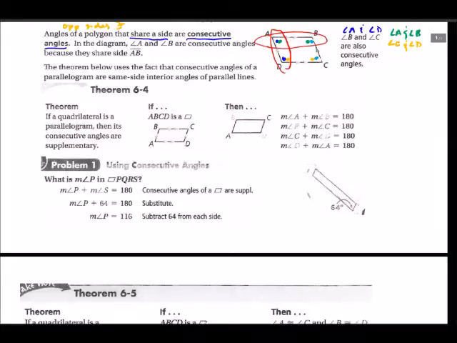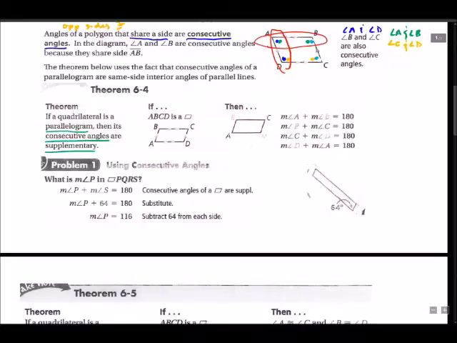Hopefully you're thinking, that goes with our parallel lines, and it most certainly does, because our next theorem says that if you have a parallelogram, quadrilateral, both pairs of opposite sides are parallel, consecutive angles are supplementary.